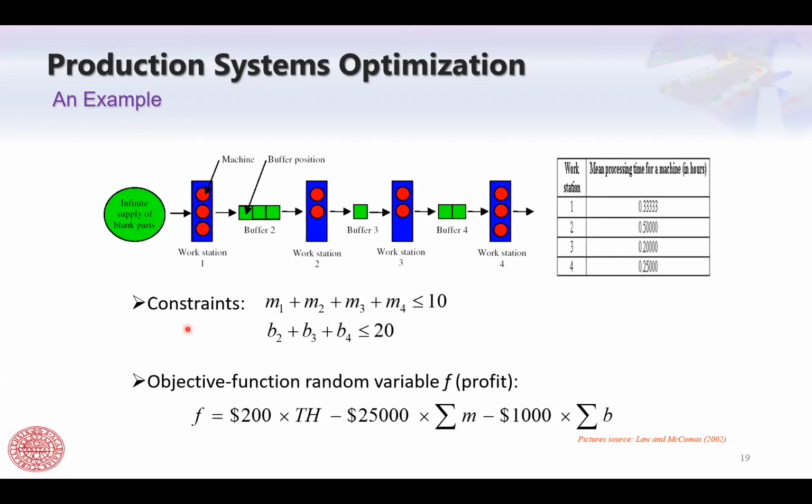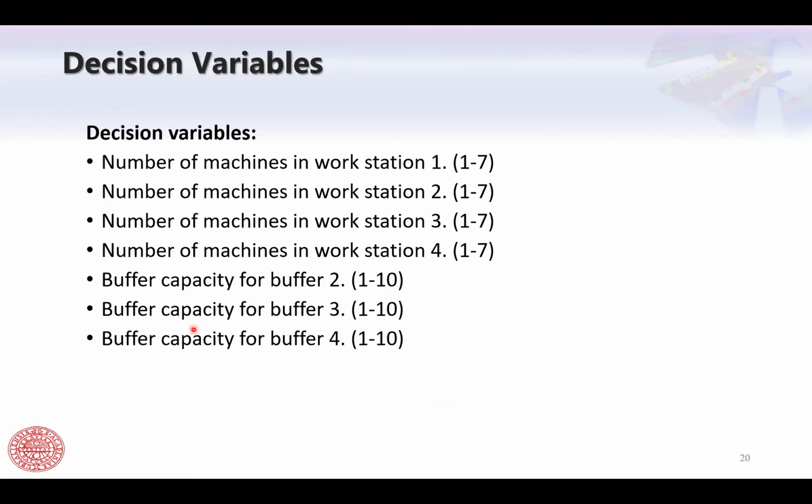But another thing related will be the range of the variables. In this example, following that paper, we choose the number of machines in each workstation to be 1 to 7, and the range of each buffer to be 1 to 10.